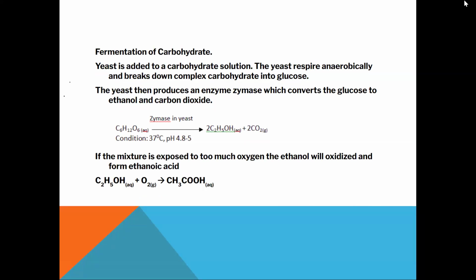This is an equation we need to swat. So it is glucose, C6H12O6, in the presence of zymase, and the condition is 37 degrees Celsius and an acidic pH of 4.8 or 5, and we get 2 ethanol and 2 carbon dioxide.